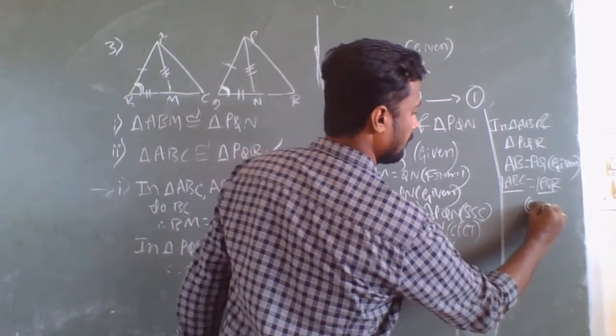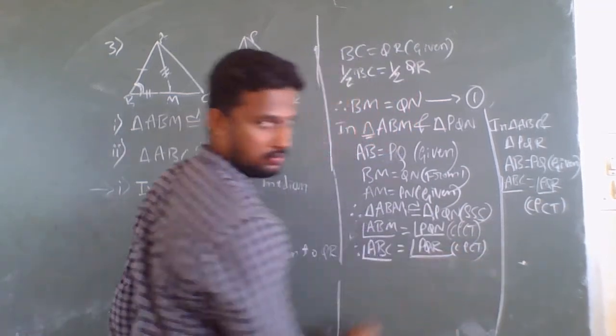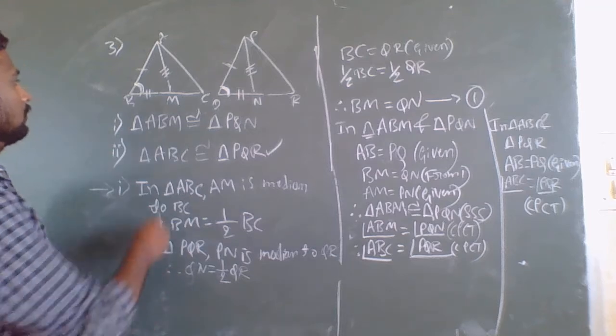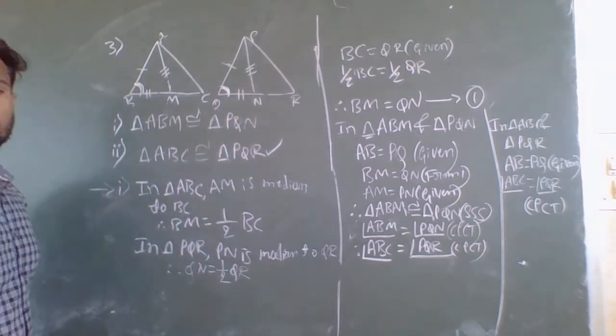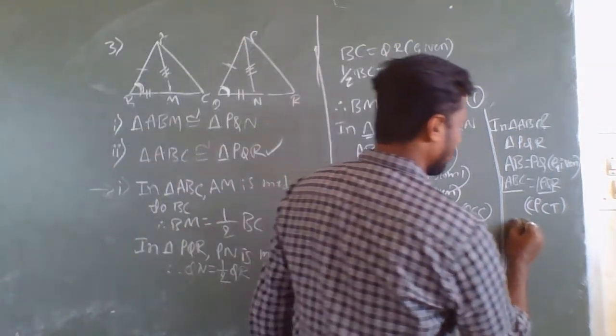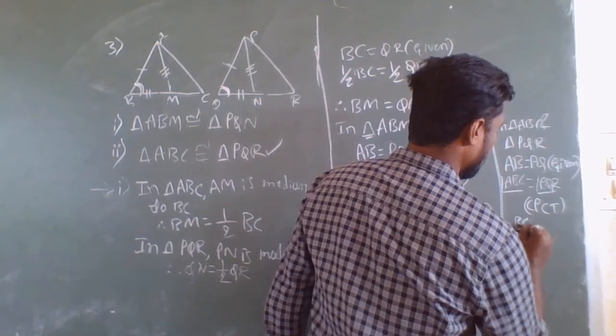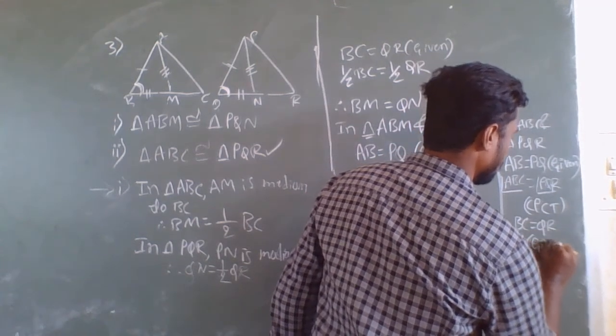By CPCT. And here this BC is equal to QR. That is also given in the question. BC is equal to QR. This is also given in the question.